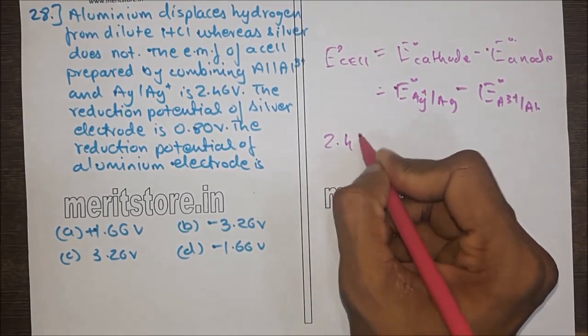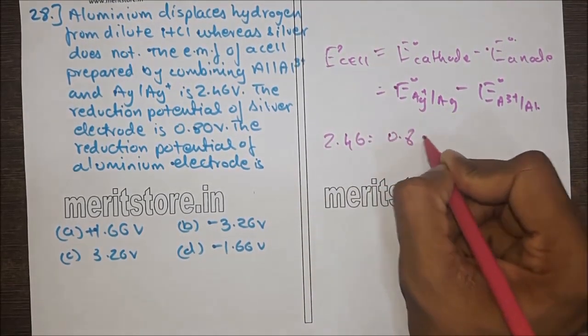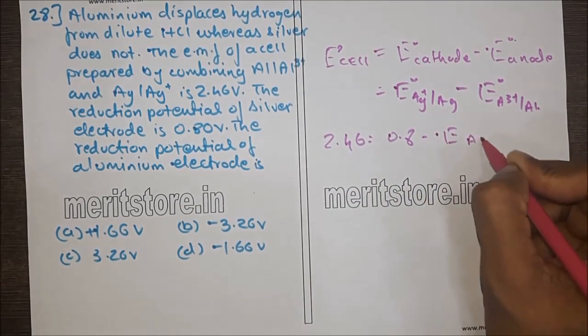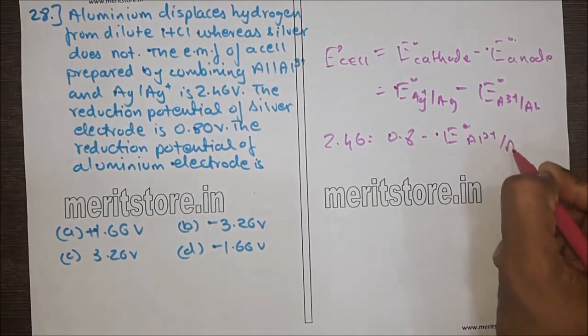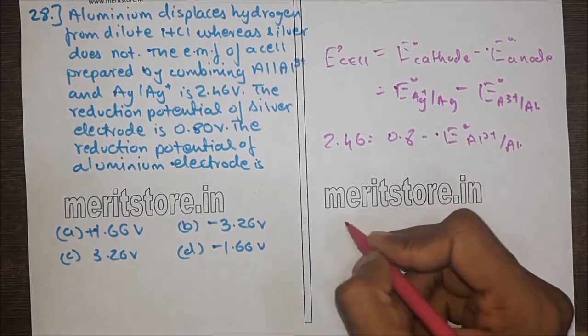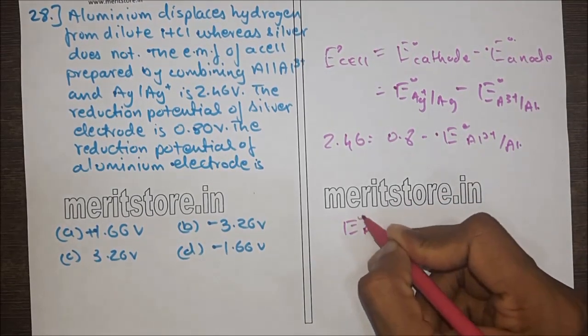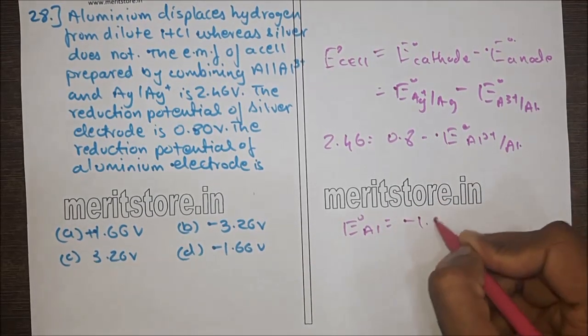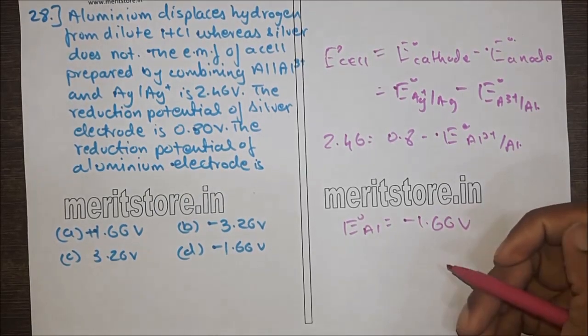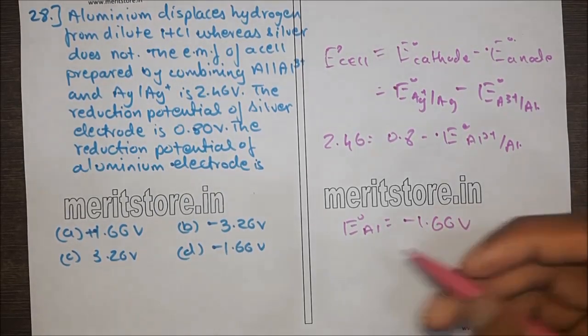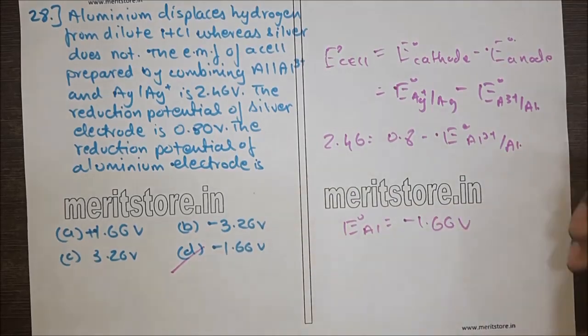Substituting all, we get 2.46 equal to 0.8 minus Al3+/Al. Solving, we get Al as minus 1.66 volt, which matches option D. Therefore, option D is the correct answer.